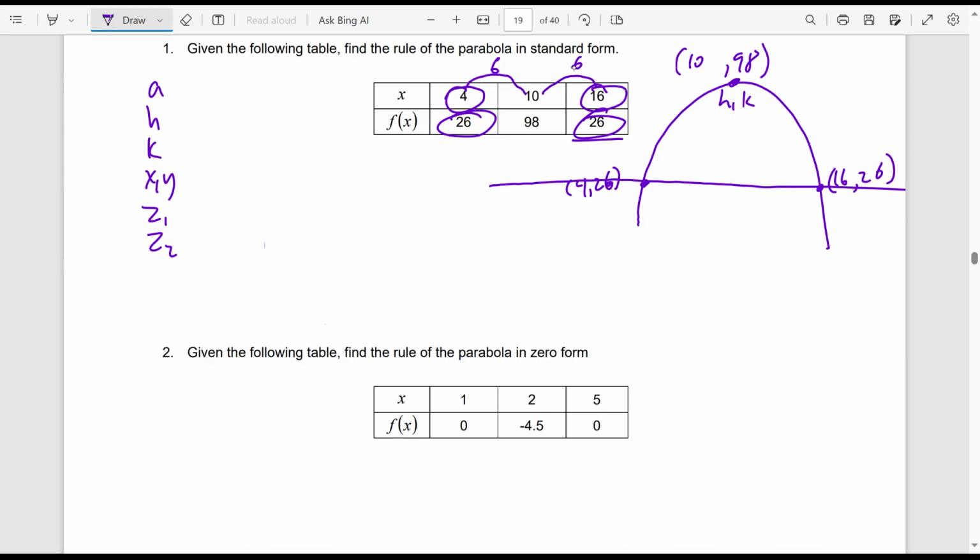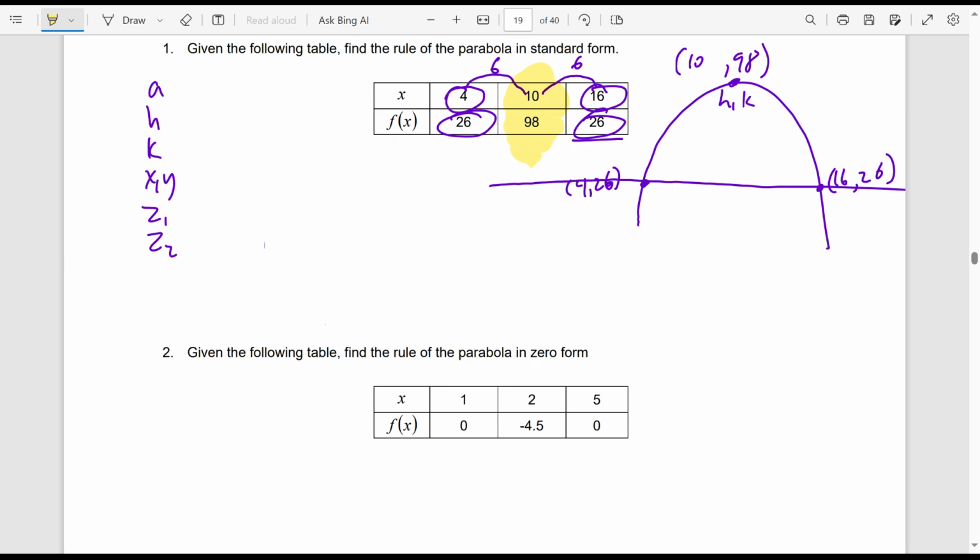It's 6. If those distances are exactly the same, then this is your HK. That means this point here is my H and my K. So that's all this skill set is.